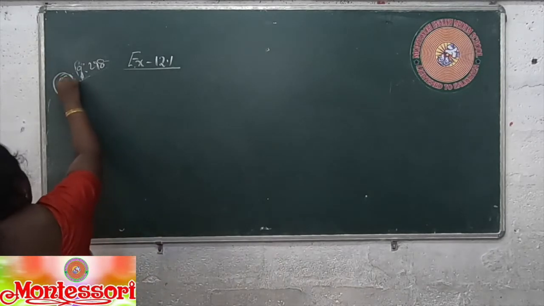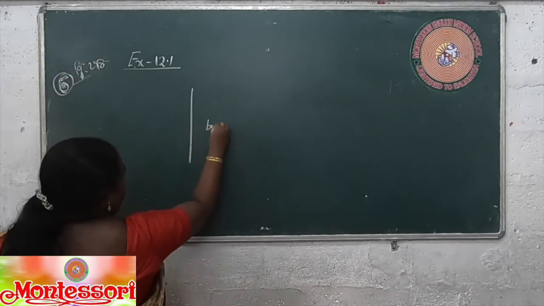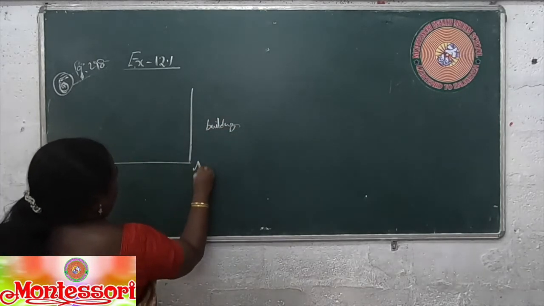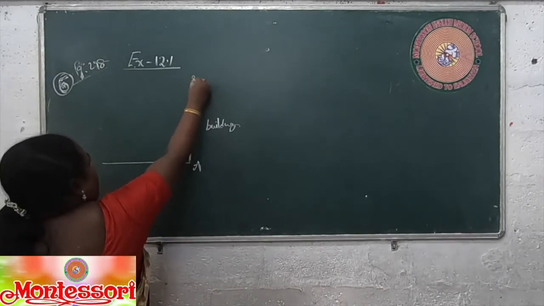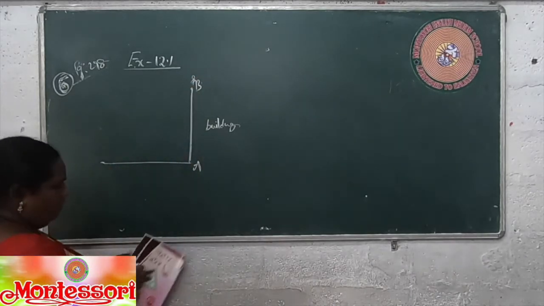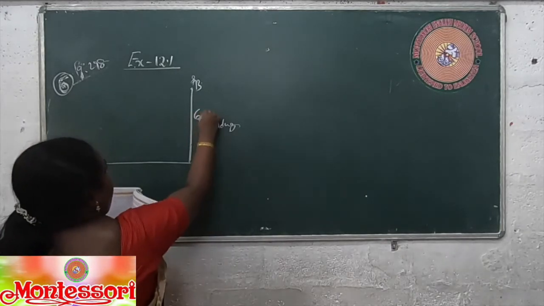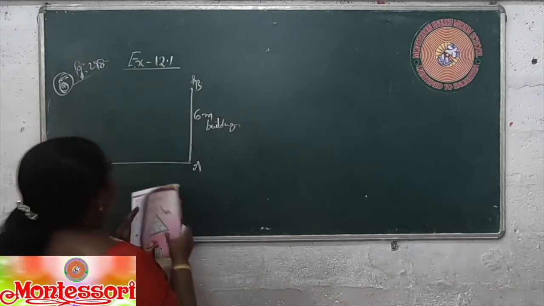Now this is the 6th sum. So let it be the building and the ground. So AB is the building. From here to here, shooting an object which is on the ground. At a height of 6 meters, building height is 6 meters, to a target on the ground at an angle of depression.